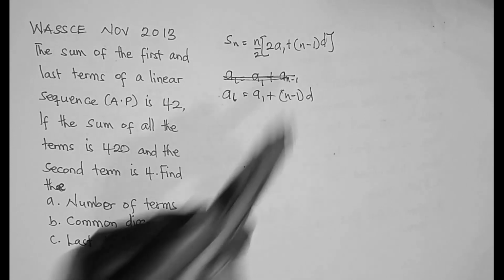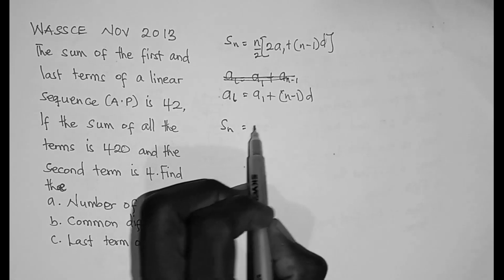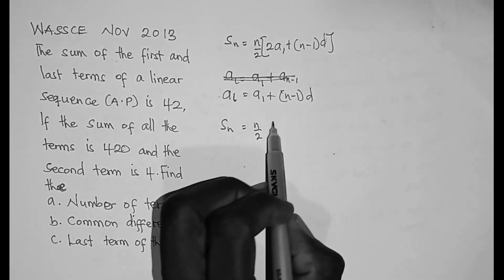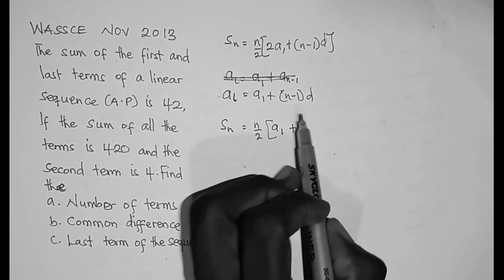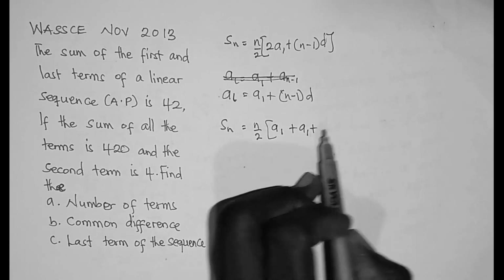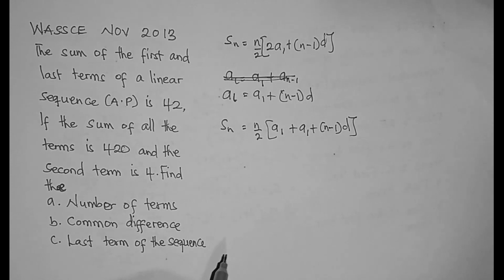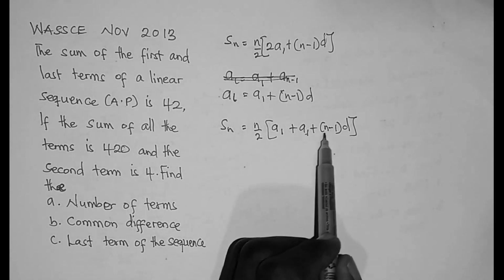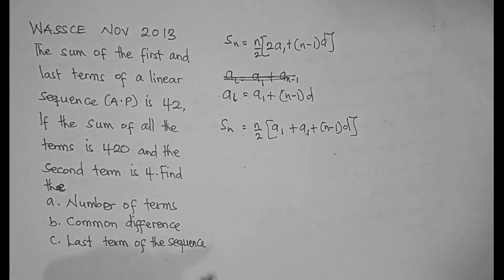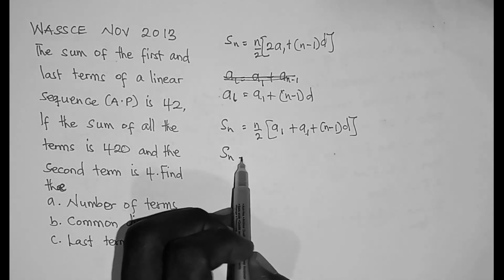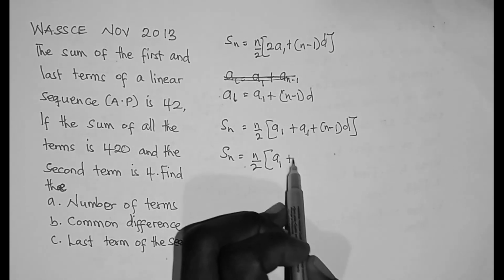Therefore, this Sn can be written as n over 2 times the bracket a1 plus a1 plus n minus 1 d, and a1 plus n minus 1 d is al, the last term. So the sum Sn equals n over 2 times the bracket first term plus last term.